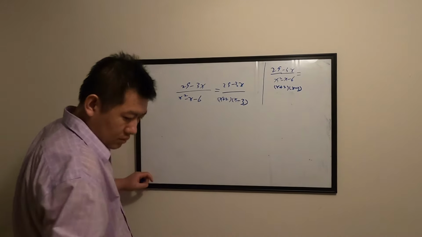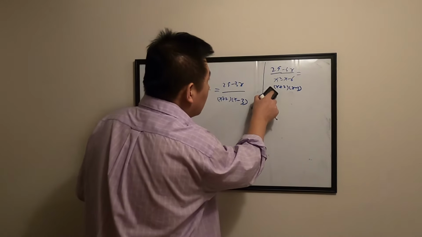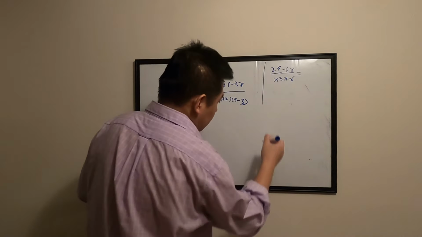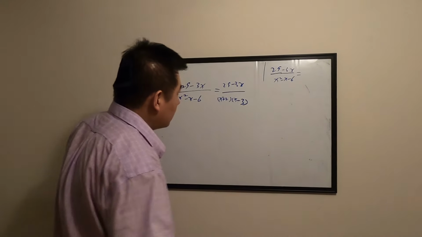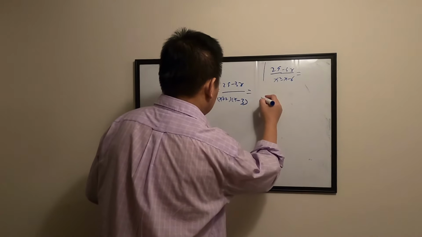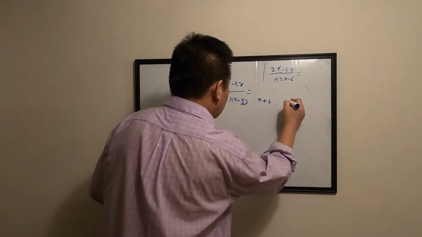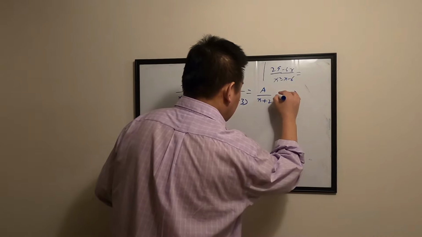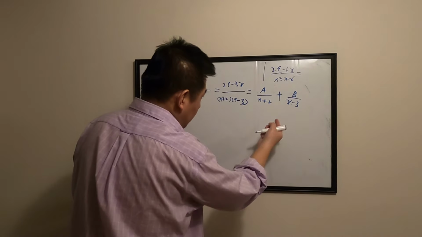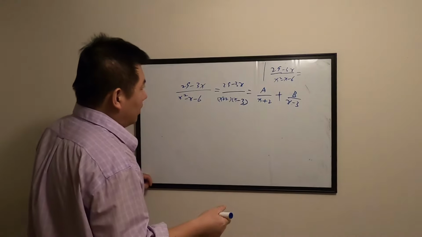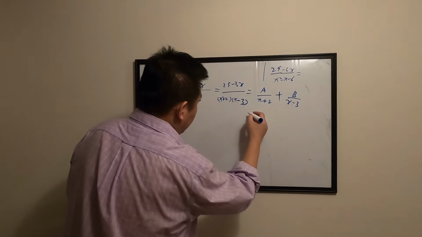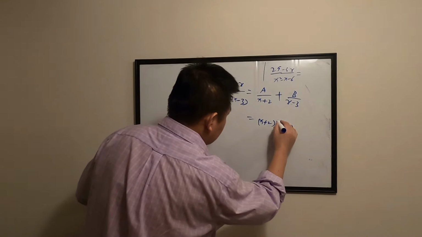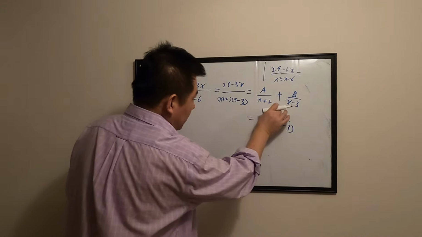So this part equals, then we write here. Okay, write this form. Then we get A and B. So make the same denominator.